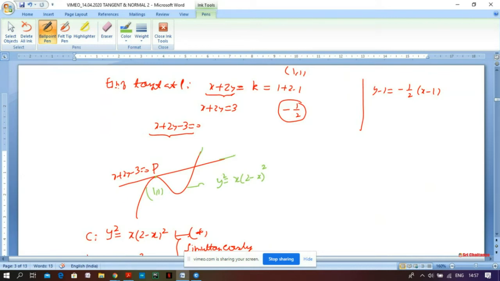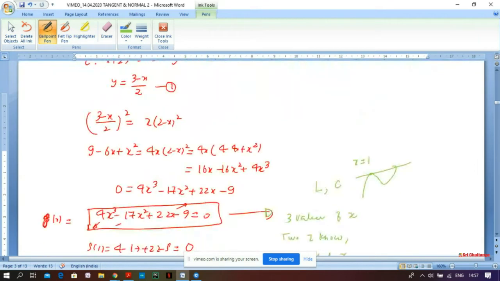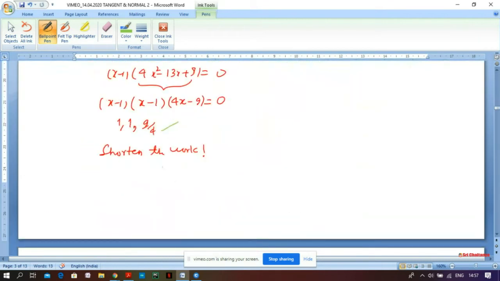So we just thought that, okay, there is a line which is tangent to this curve at some point P. Say that point was this one, 1 comma 1, and this of course meets again at Q, and this Q I wanted to find. So I found by this that, because this root was 1, 1, this Q corresponds to x equal to 9 over 4.